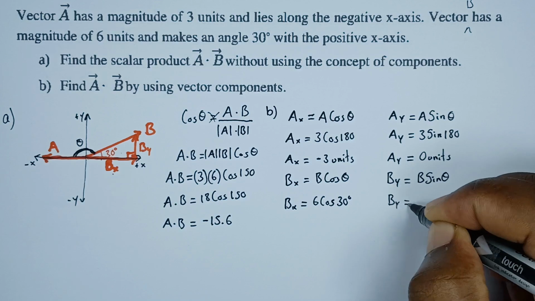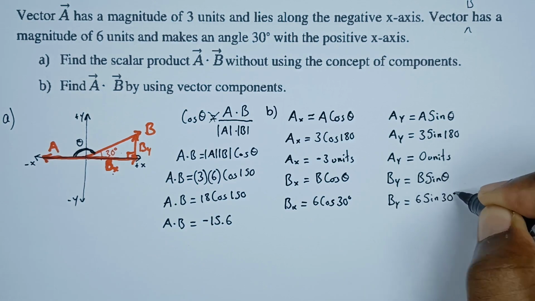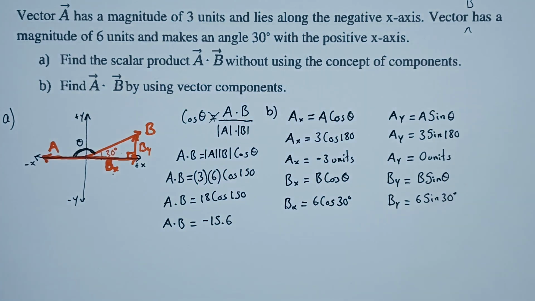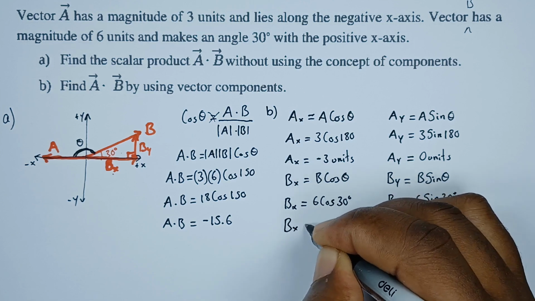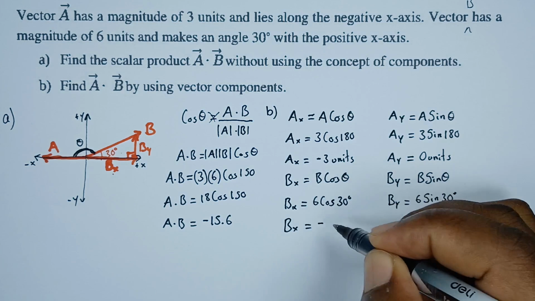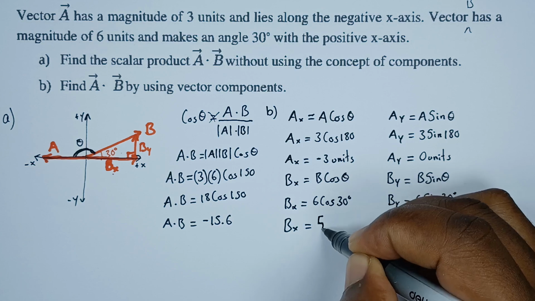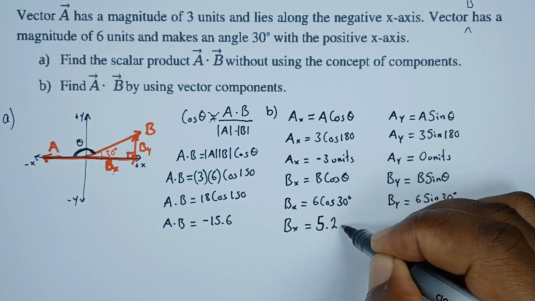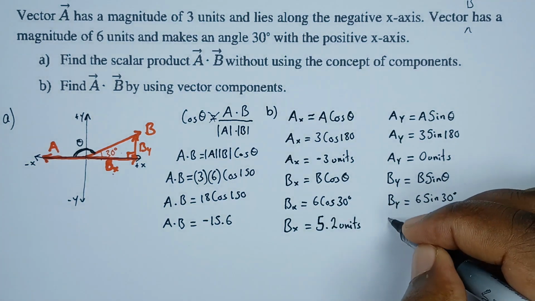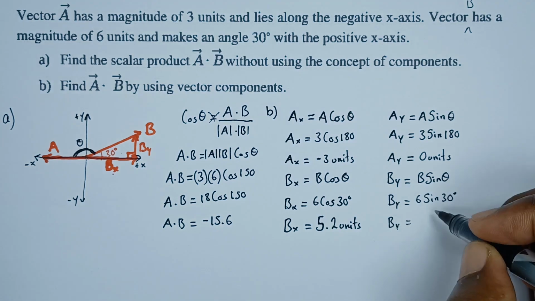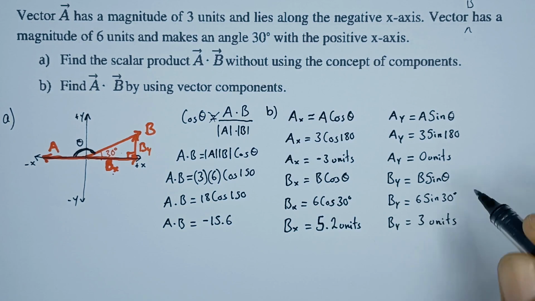By will be 6 sine 30. If we compute this, Bx is equal to, not negative, sorry, a positive 5.2 units, while By is simply positive 3 units.